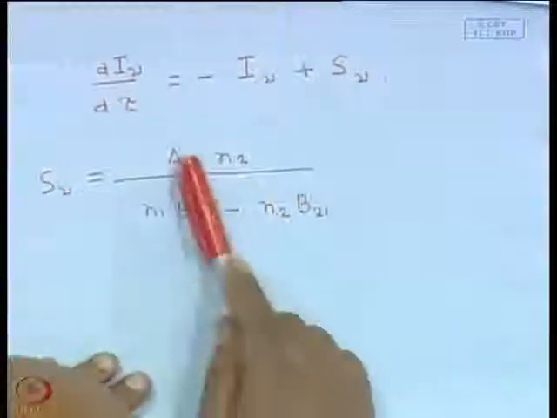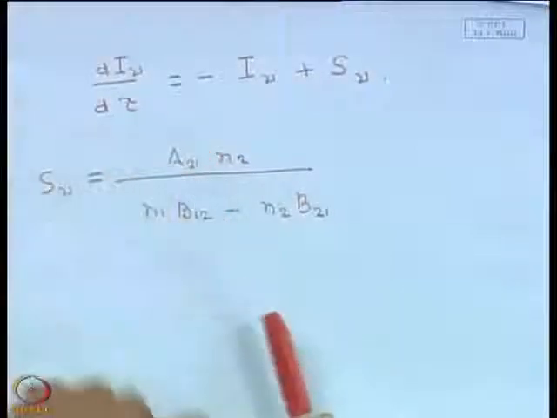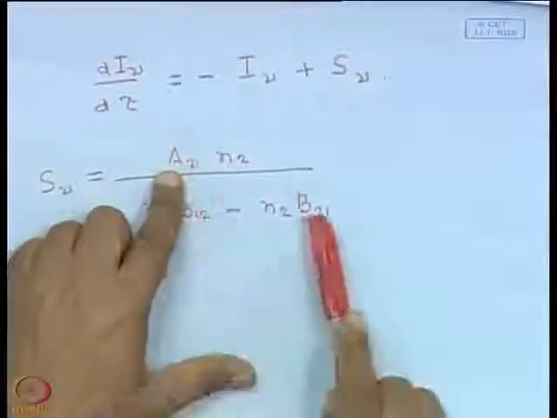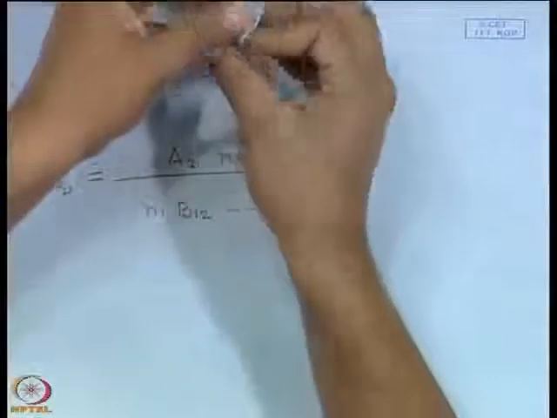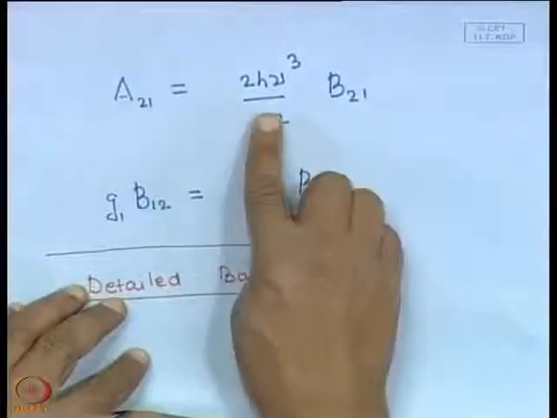If I do that, then in the numerator I have the ratio A21 by B21, which we have seen is 2 h nu cube by c square.